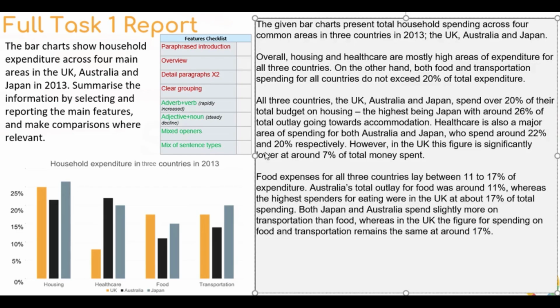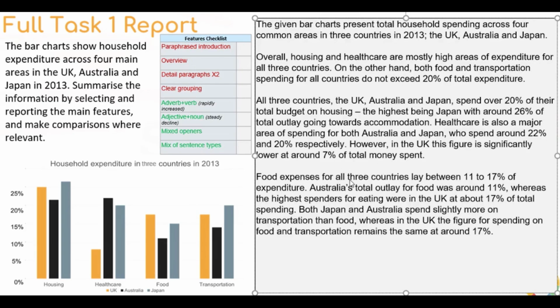There you go. Healthcare is also a major area of spending for both Australia and Japan, so this figure here, who spend around 22% and 20% respectively. However, in the UK, this figure is significantly lower at around 7% of total money spent.